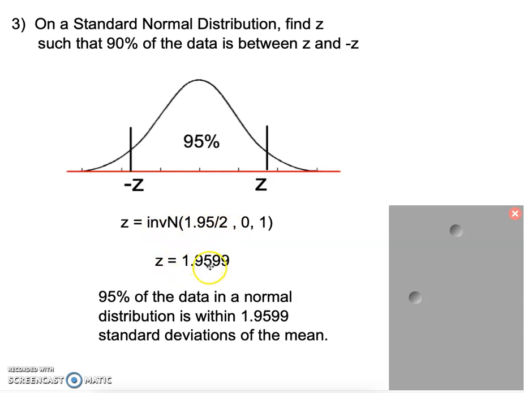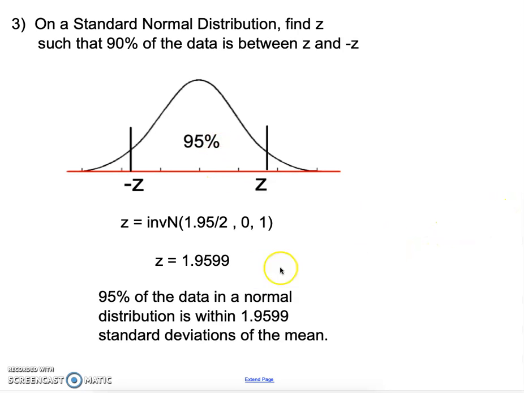I got 1.9599. So 95% of the data is within 1.96 standard deviations of the mean. Notice 95% was our rule of thumb number, and notice it really is close to 2 standard deviations. This is the exact answer. Our 2 was an approximation using a rule of thumb.